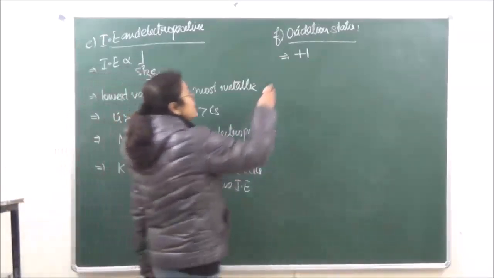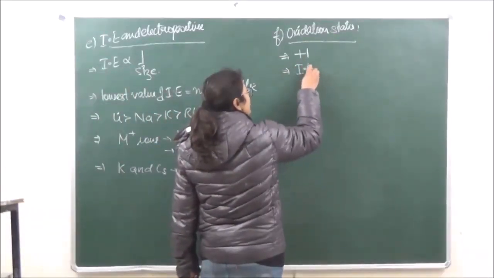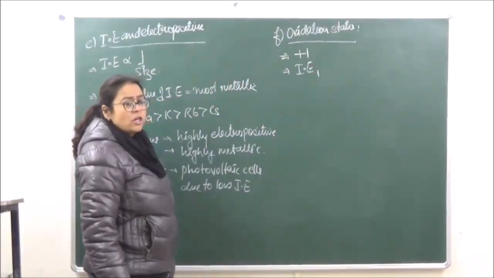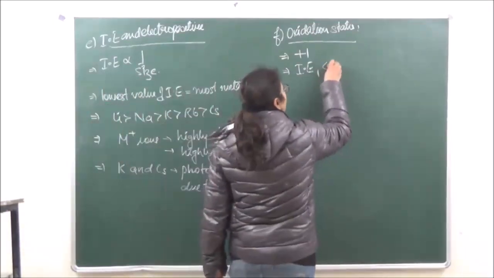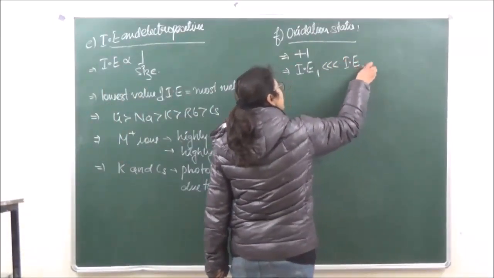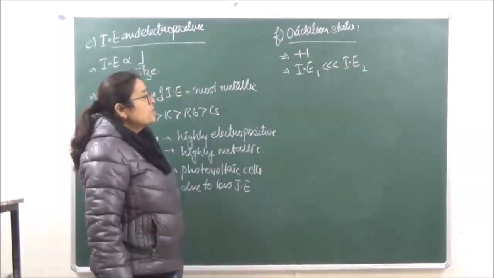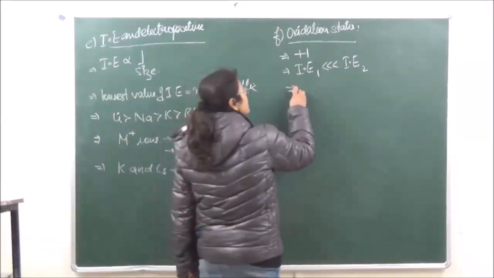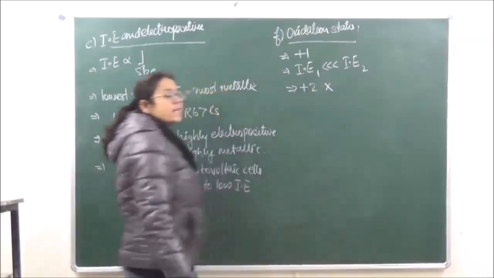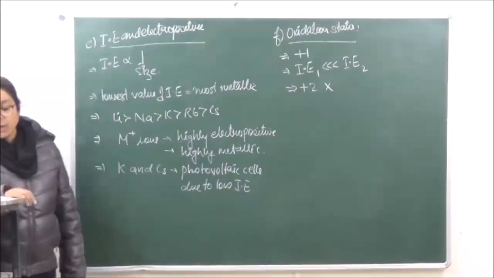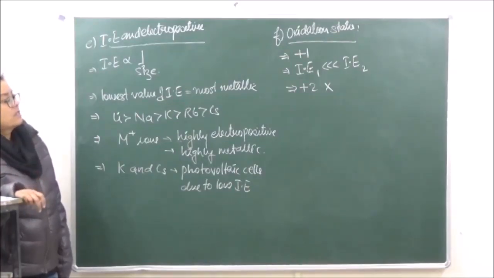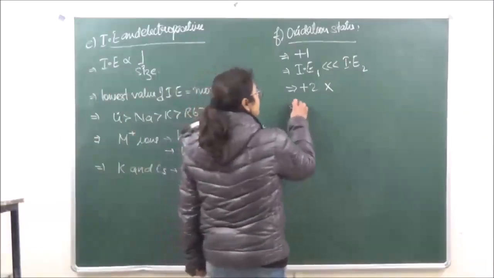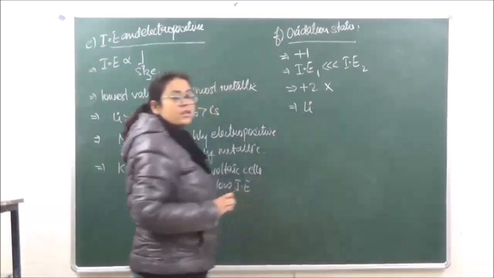And it is seen that the first ionization energy, that is the energy required to remove the first electron, is very, very low as compared to the second ionization energy. To remove the second electron in case of alkali metals is very, very difficult. Therefore, the +2 oxidation state in this case cannot occur. It can have only one oxidation state, in which one electron is removed and the metal attains the nearest noble gas configuration.